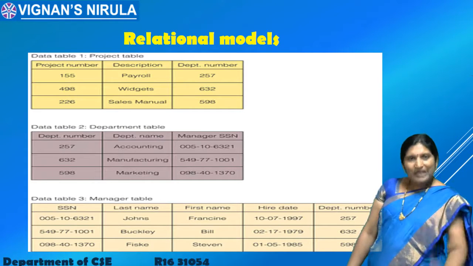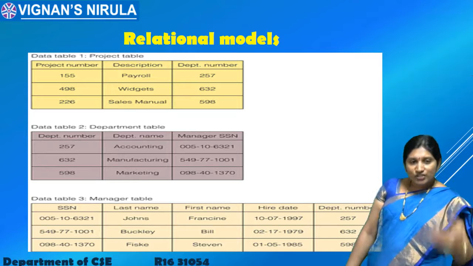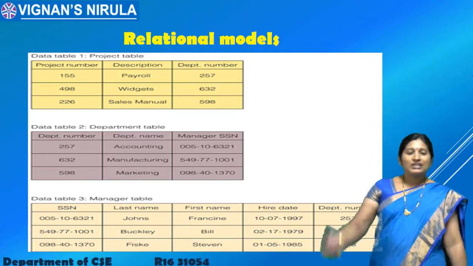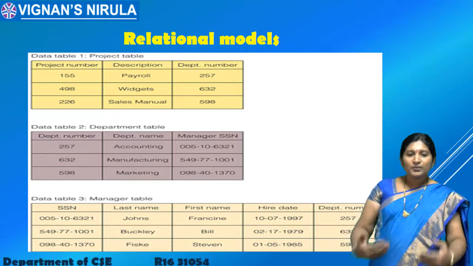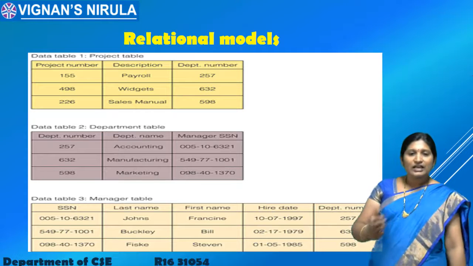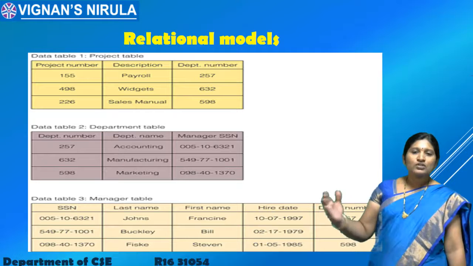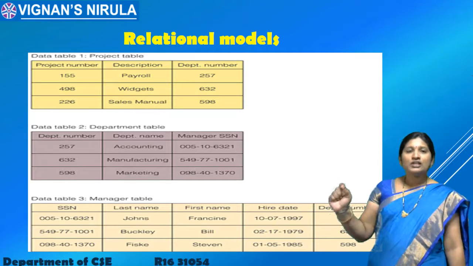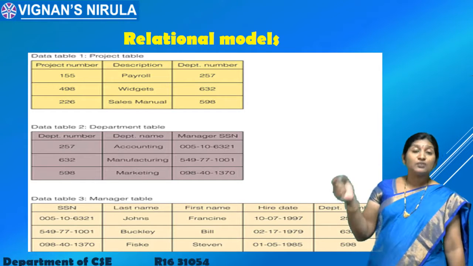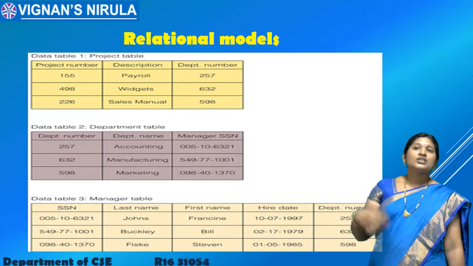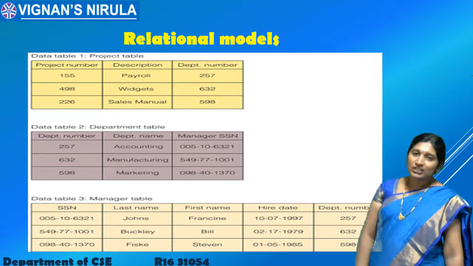Likewise, I have a department table, which also consists of 3 rows and 3 columns. And the last one is the manager table. How many managers am I representing? 3 managers, having how many attributes? 5 attributes are represented. So in the case of a relational model, the database is depicted as a collection of tables. Tables are nothing but relations, which are a combination of a collection of rows and columns.